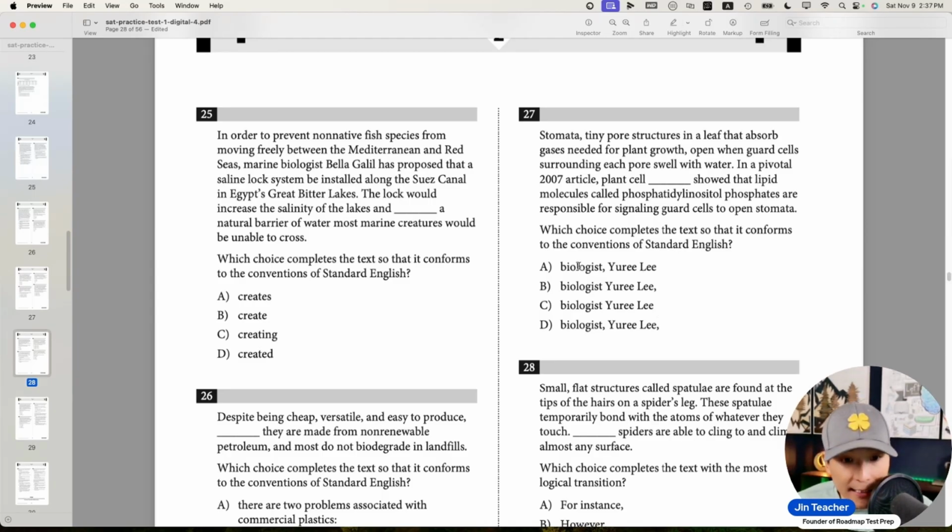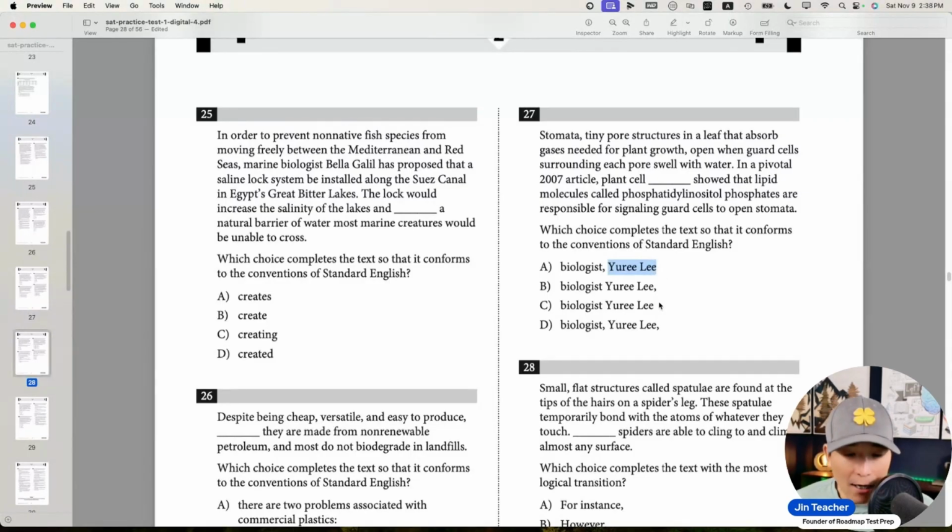So here, specifically the comma concept that they're testing you on is what's called appositives, okay? Now, notice in the sentence, you have these two noun phrases next to each other, right? Plant cell biologist is your first noun. Then Yuri Lee, the name of the biologist, is your second noun, okay?